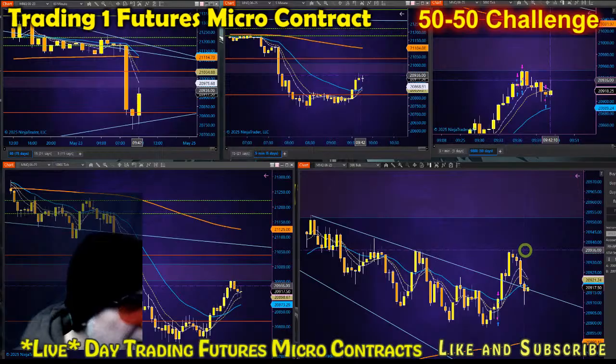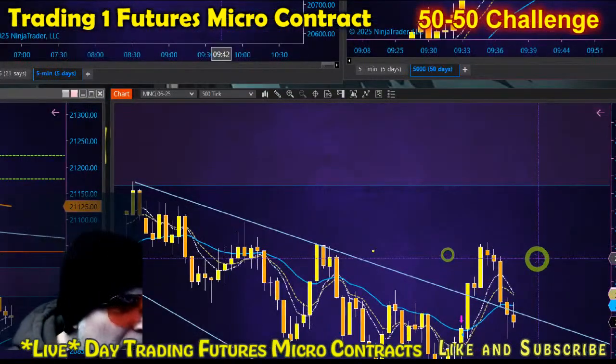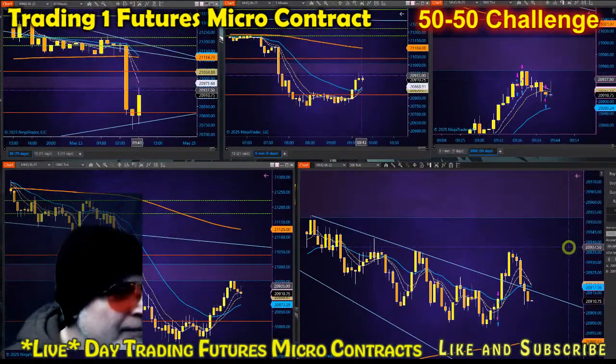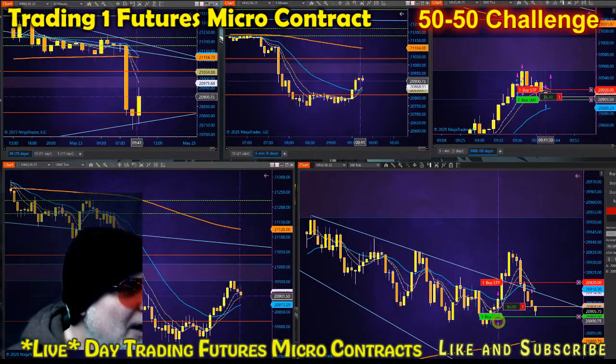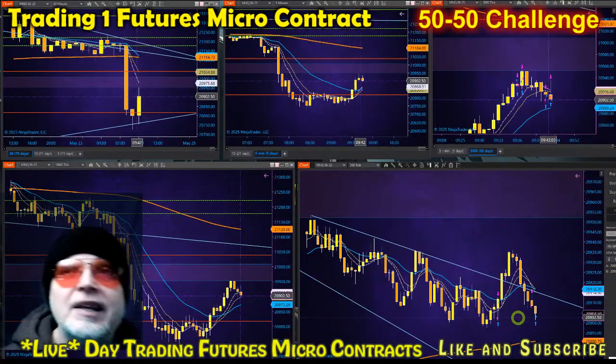Another liquidity sweep, it looks like. Looks like it probably swept that a little bit. Order filled. I got to get my stop out of the way. Target filled. Dang it, hit my target again.